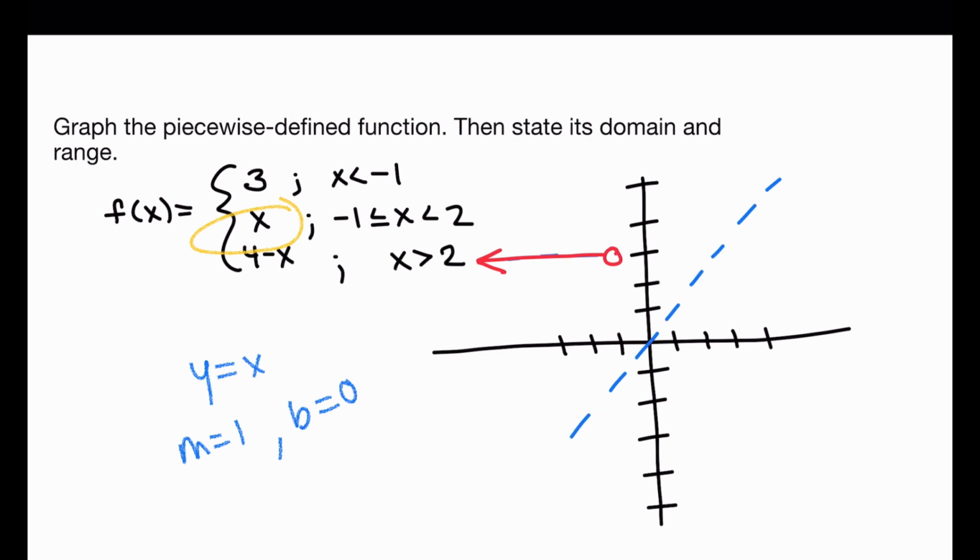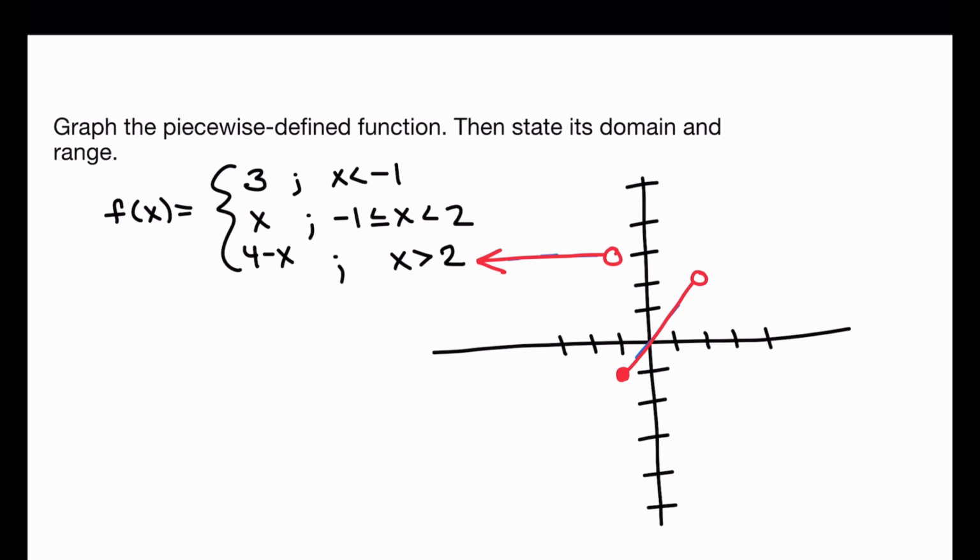That dotted blue line is the line y equals x. We're going to use this definition starting at negative 1, and the or equal to symbol means closed circle, stopping at positive 2. So I'm going to darken this in from negative 1 up to positive 2, and I'll erase the rest.